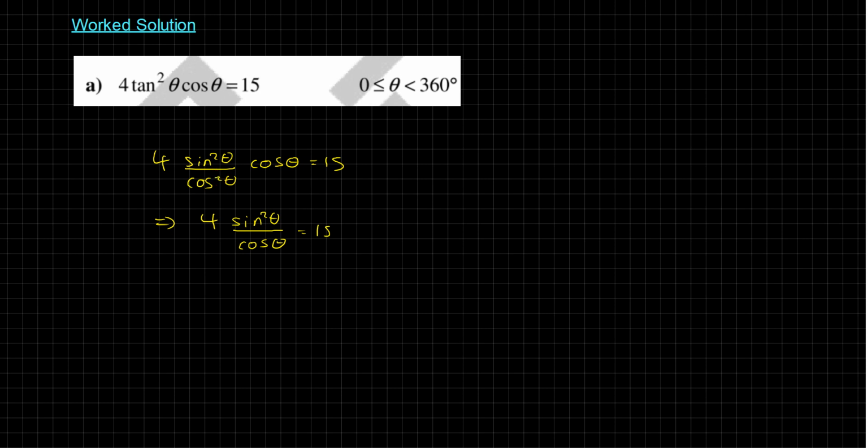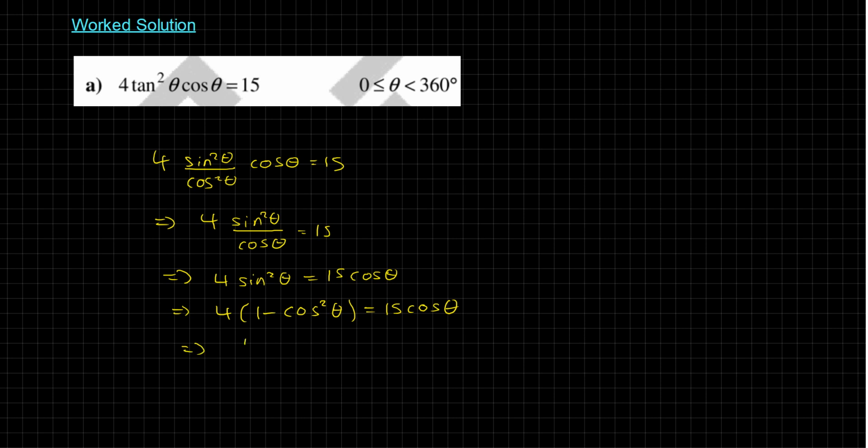Then let's multiply by cos theta on both sides. And let's replace sine squared with what we know it's equivalent to, 1 minus cos squared. The reason I choose to do that is so that it's all in terms of coses instead of having a mixture of sine and cos.